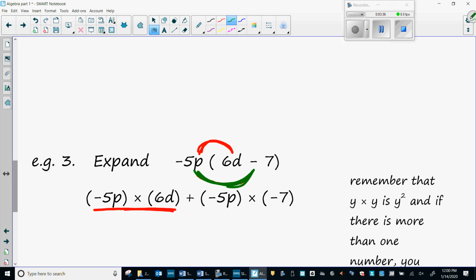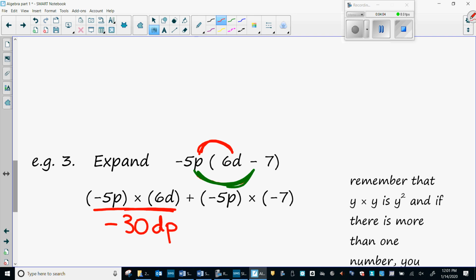Negative 5 multiplied by 6 is negative 30. And p and d, do they join together? No, we just write them next to each other. Why would we write dp, Sarah? Because it's alphabetical order. If you wrote pd, it would be harsh to get it marked wrong, but let's try and keep into the habit of putting them in alphabetical order.